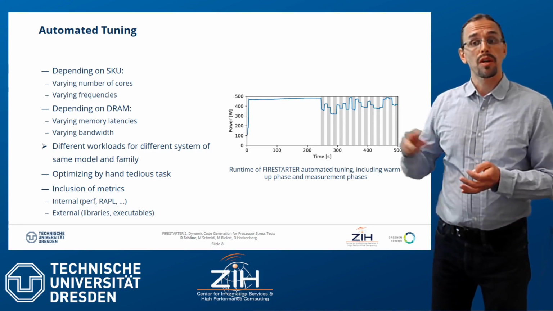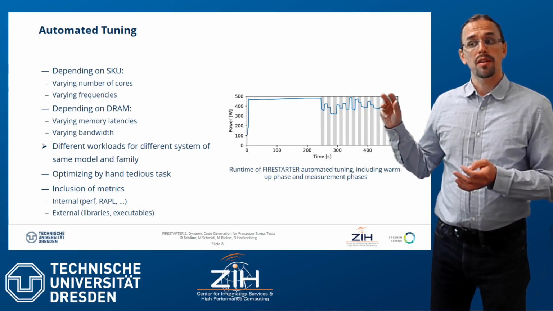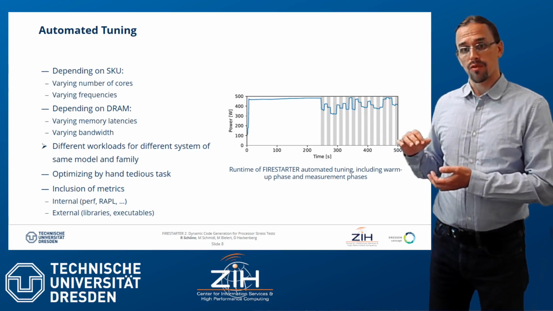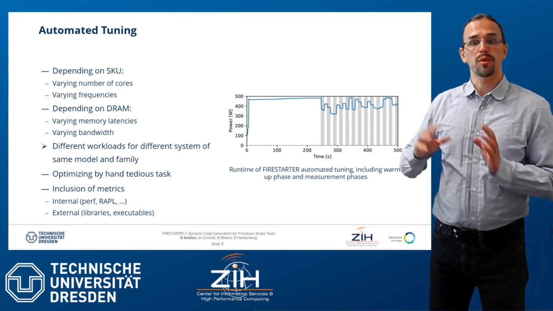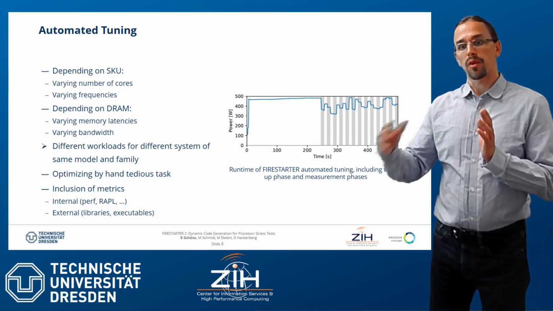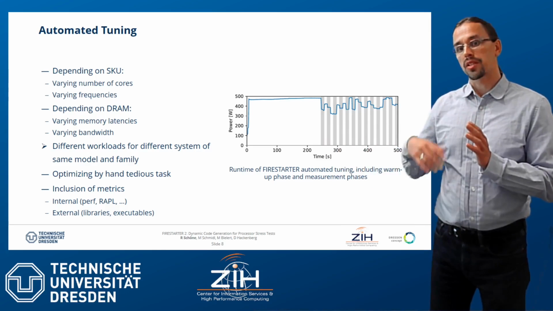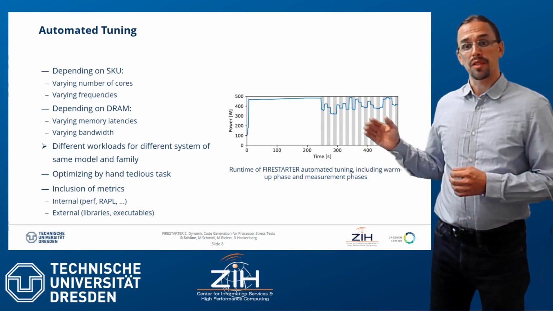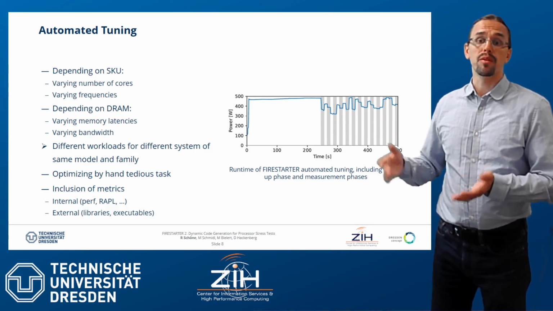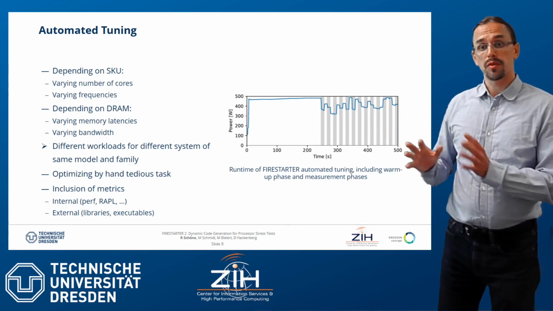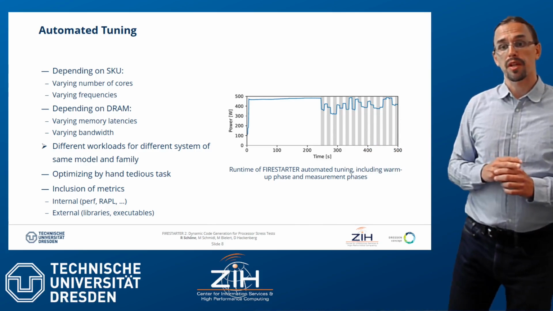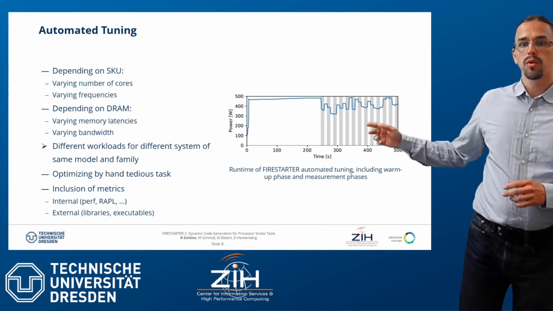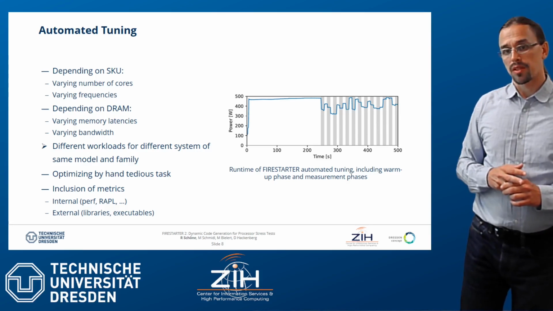And you can also integrate external metrics. For example, if you have a script, then you can apply that, and whatever that script writes to standard out can be used as another metric within FIRESTARTER 2, or you can write a library which provides you a metric. So you can also add some external metrics to do the automated tuning.